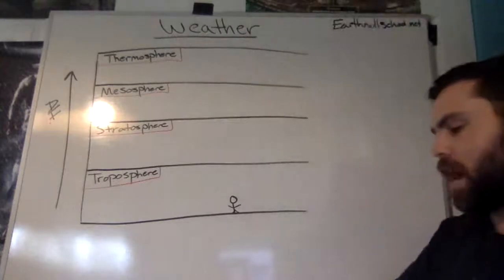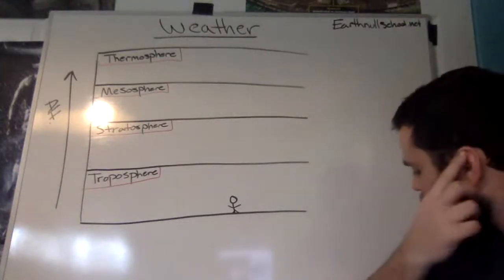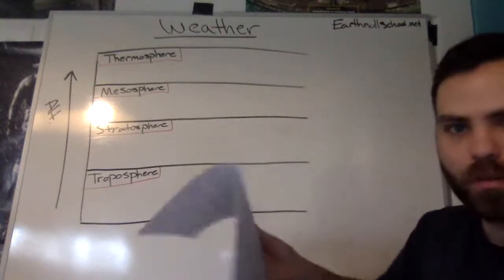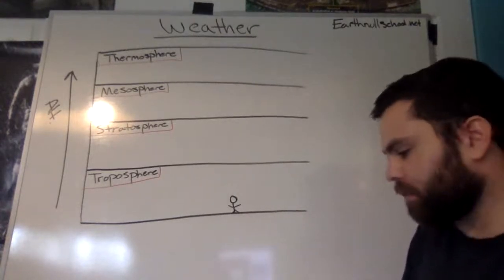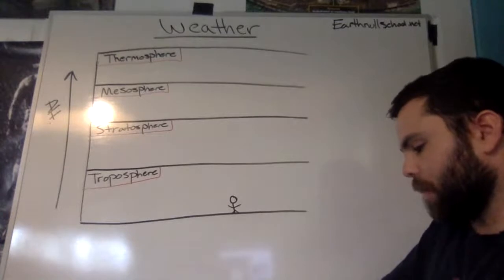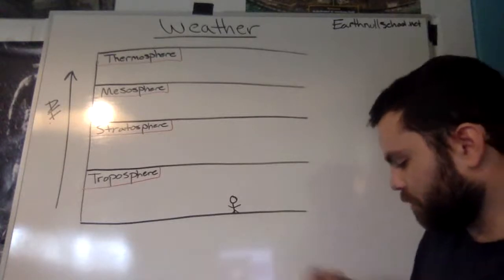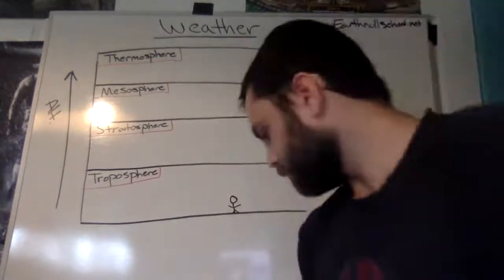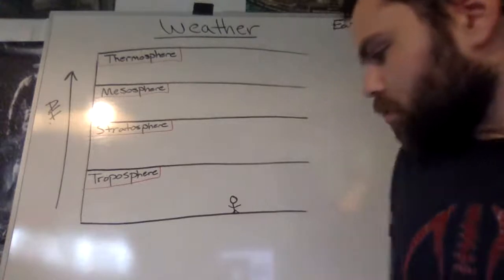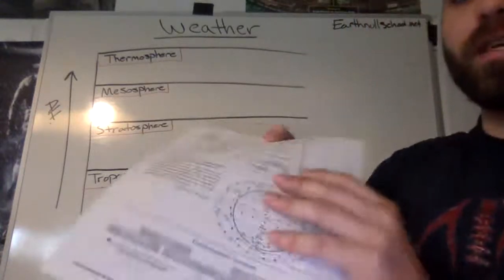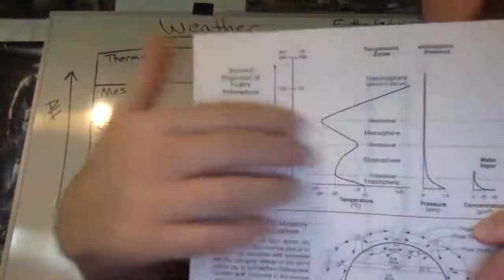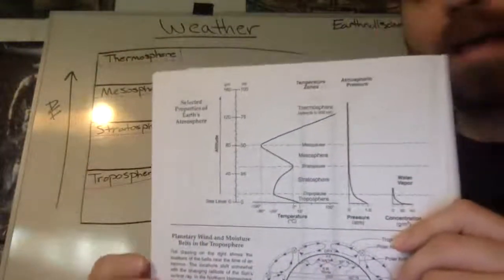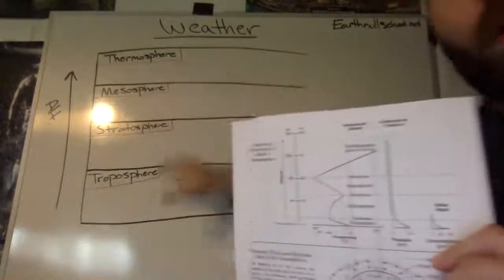What I want you guys to do, if you have it in front of you, is take out your Earth Science reference table and go to page 14. At the top of page 14, you have this diagram, which has the 4 layers that I wrote up here.